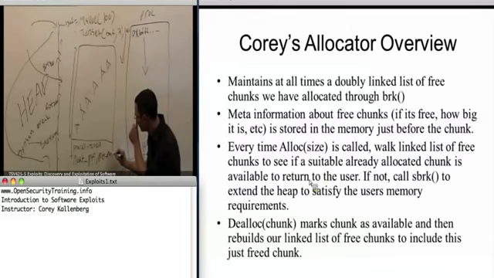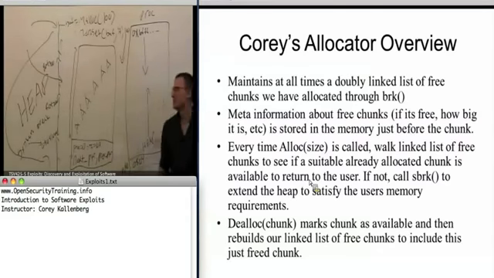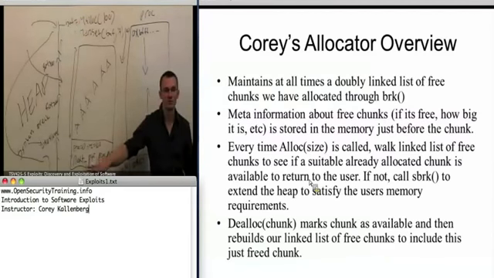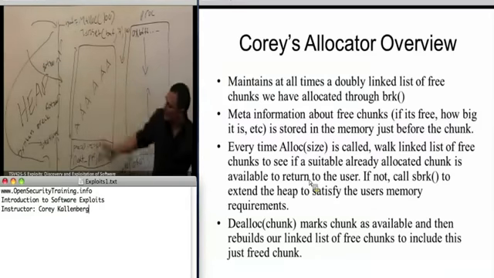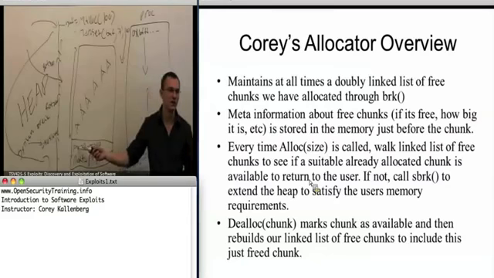Remember how I said that there's a doubly linked list of all the free chunks, right? That list is actually stored at the beginning of these chunks as well. The information for that linked list is stored at the beginning of all these chunks on the heap. So we have this chunk meta information, which contains basically a Boolean value: is it free or is it not free?